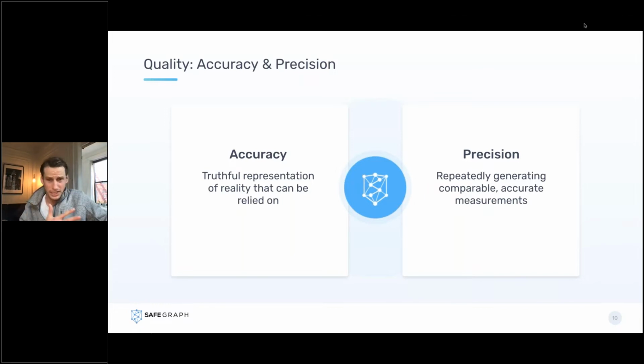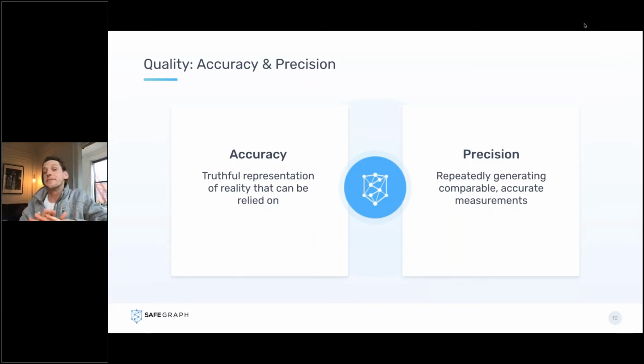So here's Fletcher's Cafe. I have a truth set with the actual location of it. It would probably, practically speaking, be a very accurate lat long with many decimal points on the latitude and longitude appended to it. And then I look at that in relation to SafeGraph's data or some other provider's data, and I ask, how close are they?